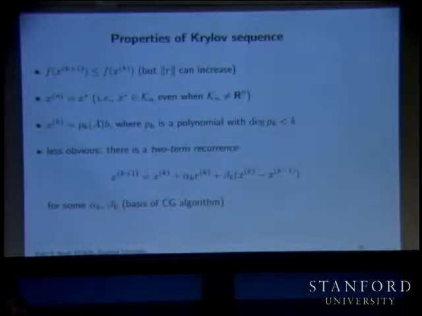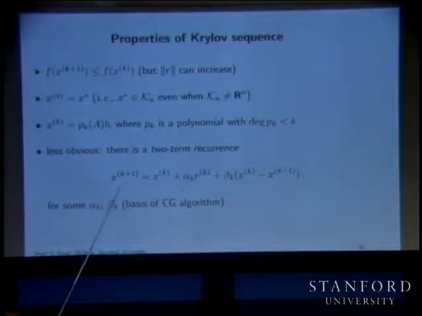That's not monotone. Now, it turns out if you run n steps, you get x star. That follows from the Cayley-Hamilton theorem. And the kth iterate of the Krylov sequence is a polynomial of degree k minus 1 or less multiplied by b. Now, the interesting part, and the reason why these methods work really well, although there are plenty of cases where you're going to do this for such a small number of steps that this is not that relevant, is that there's a two-term recurrence.